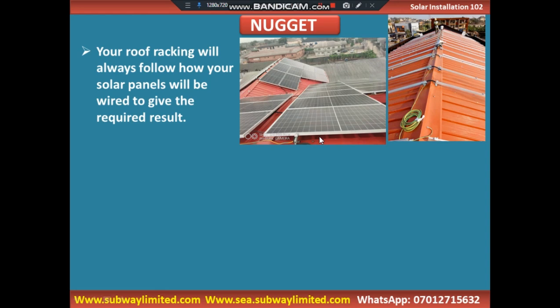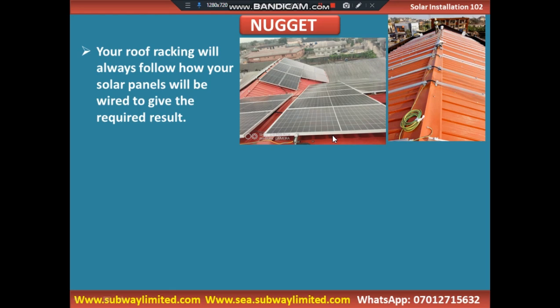When you move to the next level of training, you get to understand how temperature affects efficiency. When we were talking about the standard test condition, we were made to know that there is a particular temperature at which your solar panel will operate and give you the specified efficiency.